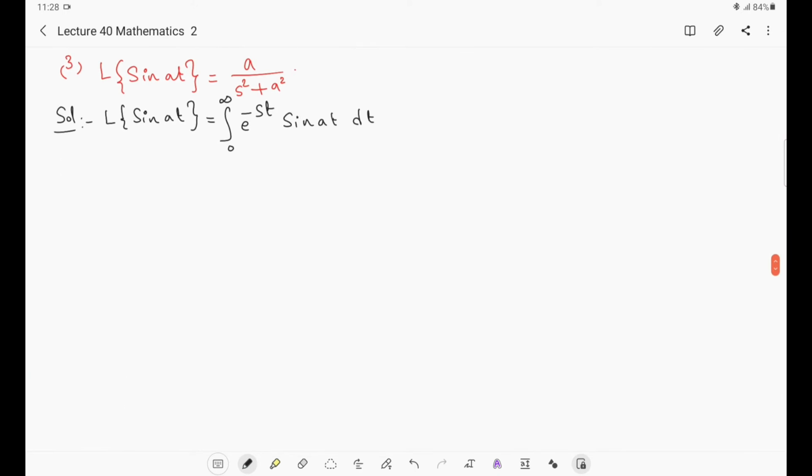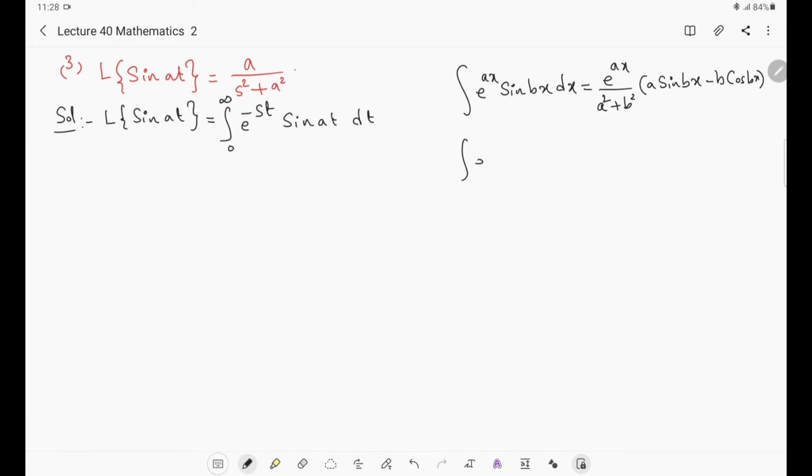So we use standard integral formulae. We have two important formulae in integration that you have studied in intermediate. Integral e power ax sin bx dx, whose value is given by e power ax by a square plus b square, a sin bx minus b cos bx, right?